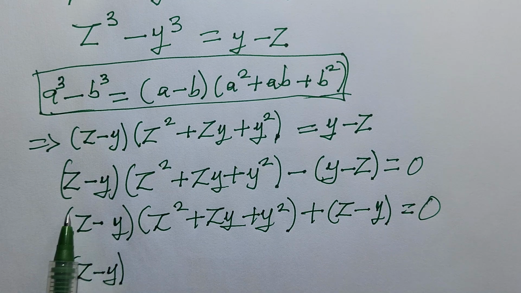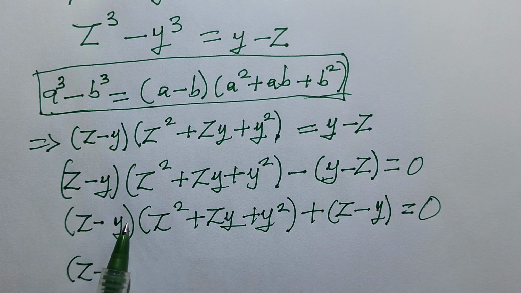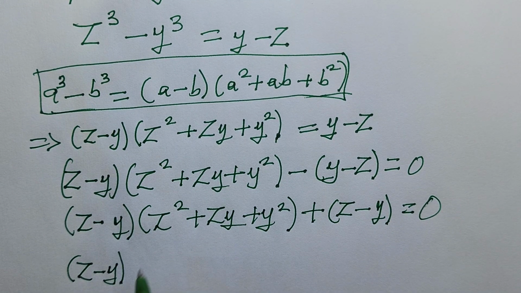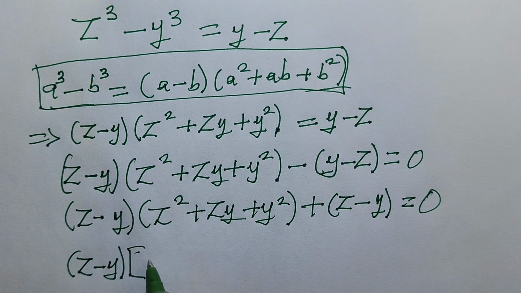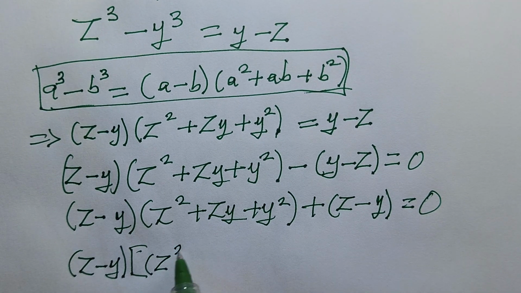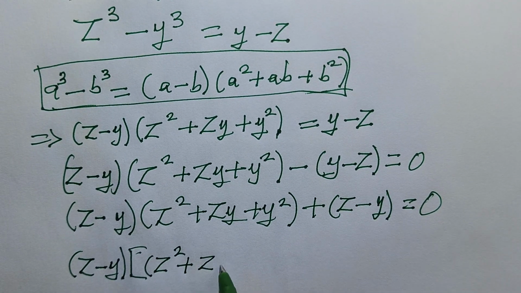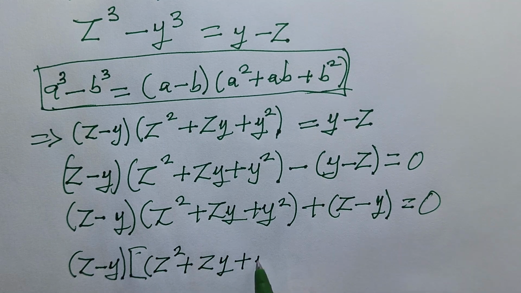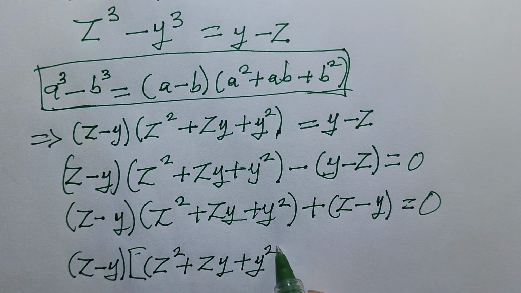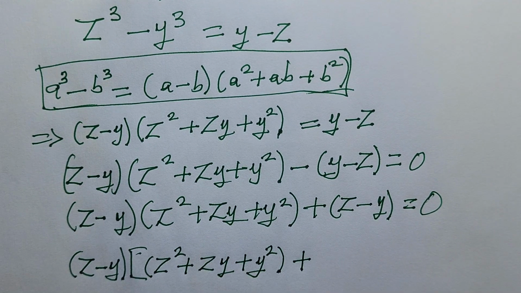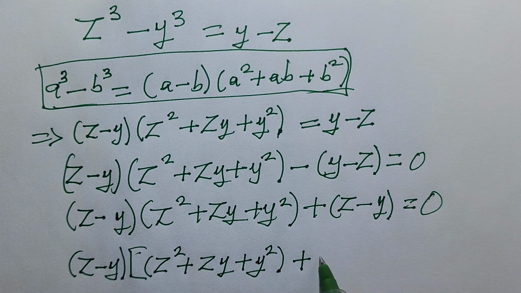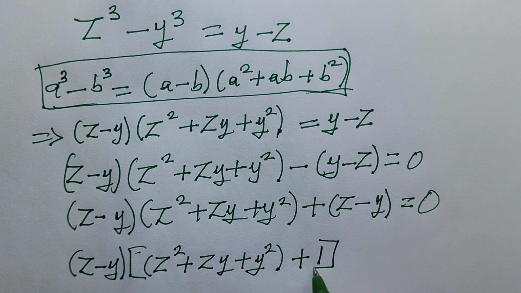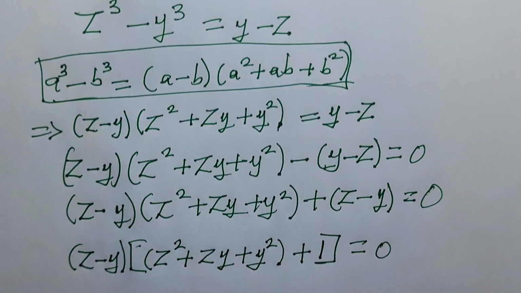If we use this to divide everything here, this will come out and we are left with bracket z to the power of 2 plus zy plus y to the power of 2 close bracket, plus, if we use this to divide this, we are left with just 1, close square bracket equal to 0.